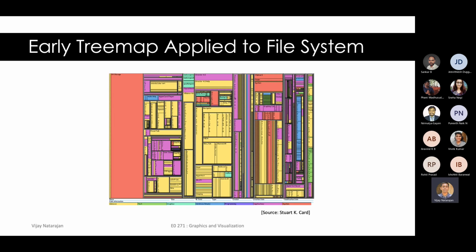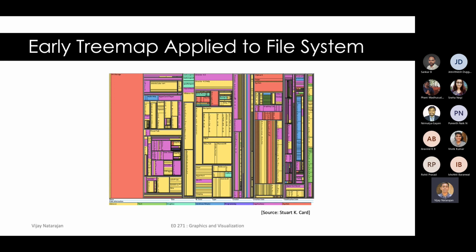Now, one of the motivating applications of this idea was when Schneiderman wanted to look at your file structure on your computer, in order to figure out what the different types of files are, which folder is taking up a lot of space, is there fragmentation, and so on.